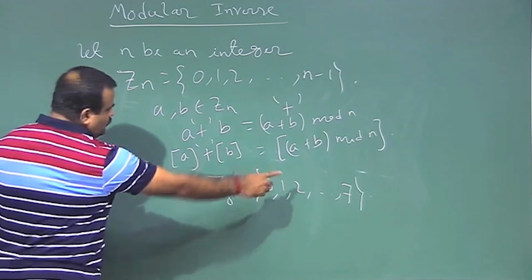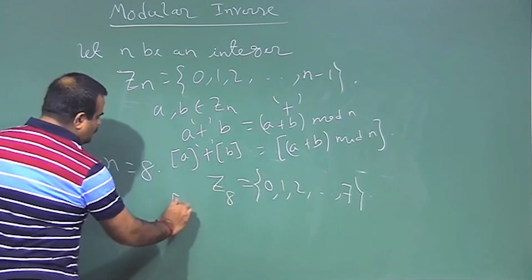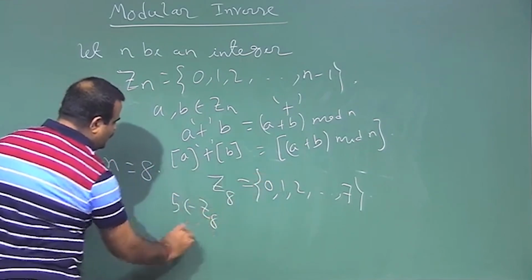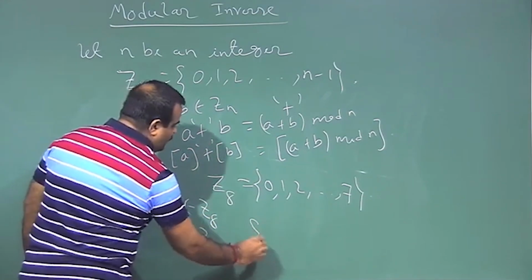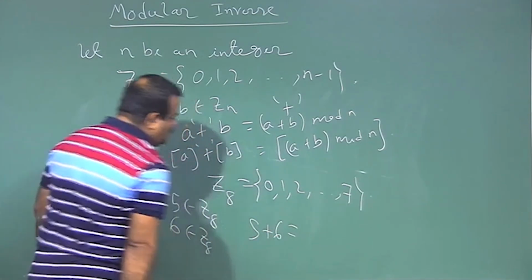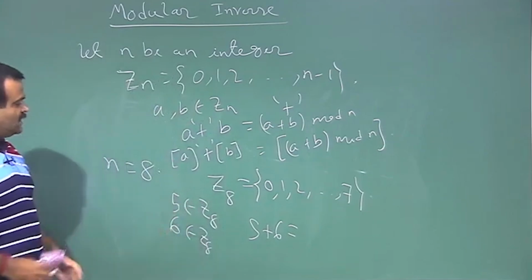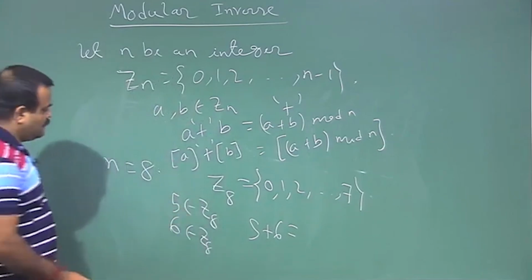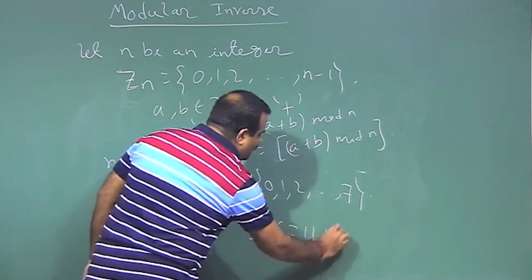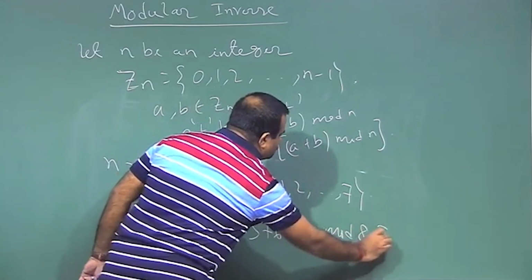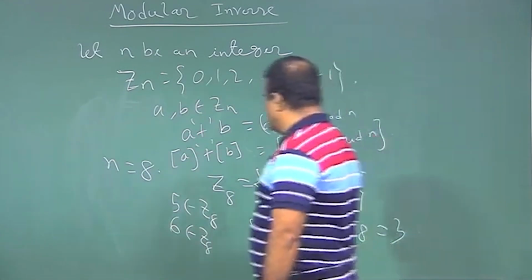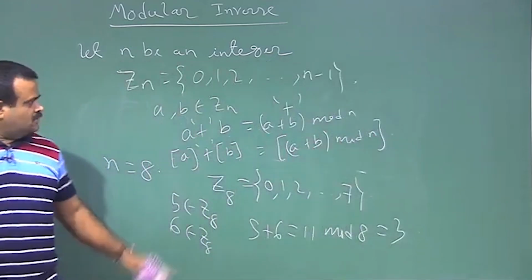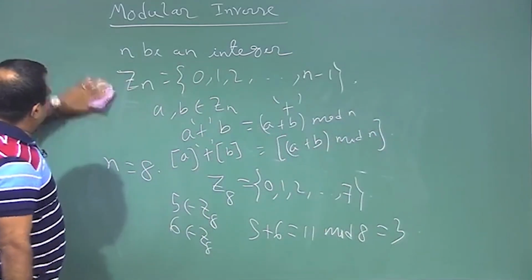If you take two elements, say 5 belongs to Z8 and 6 belongs to Z8, then 5 plus 6, if we do the integer addition, gives us 11, but 11 mod 8 is basically 3.